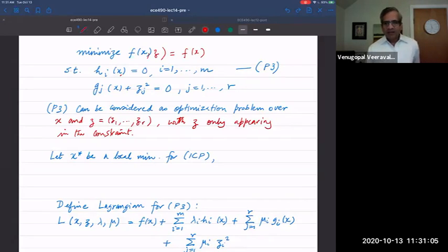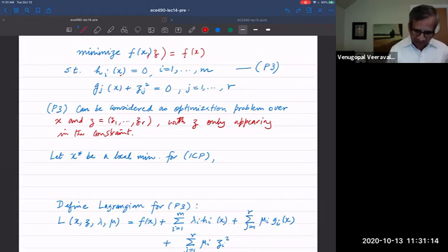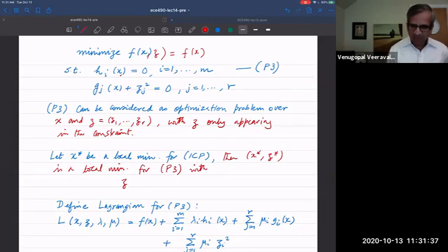Now, if x star is the local minimum for the inequality constraint problem, then it's clear that x star and a corresponding z star is a local minimum for this problem P3, but you have to make sure that zj star is actually minus gj of x star to the half.